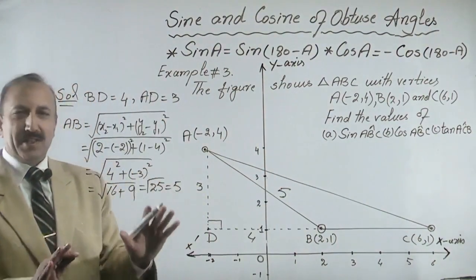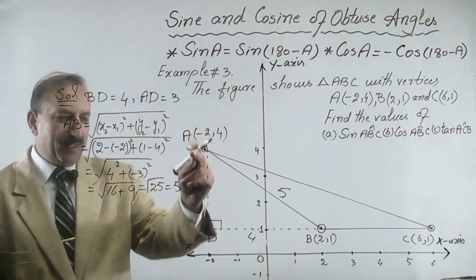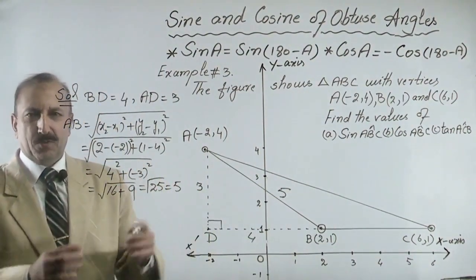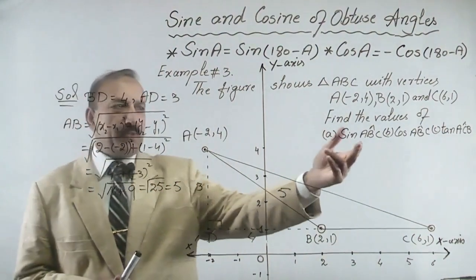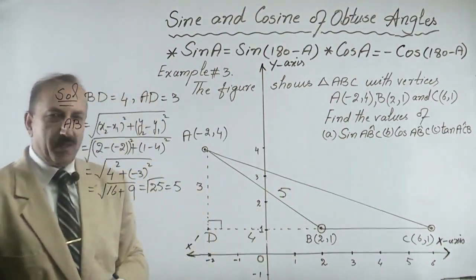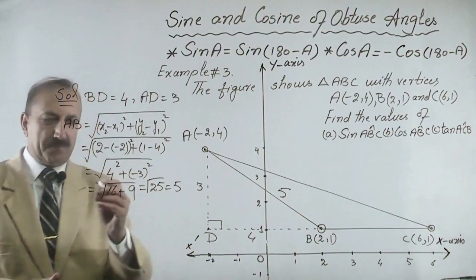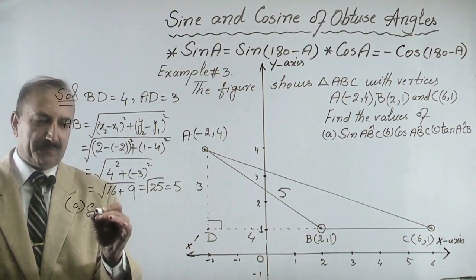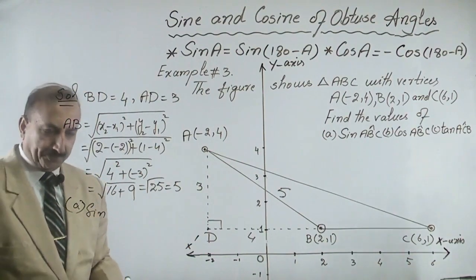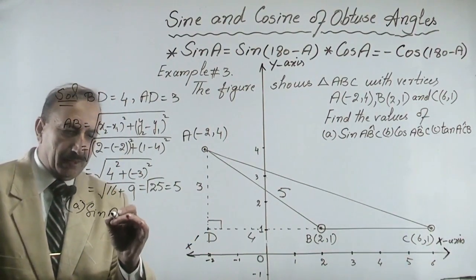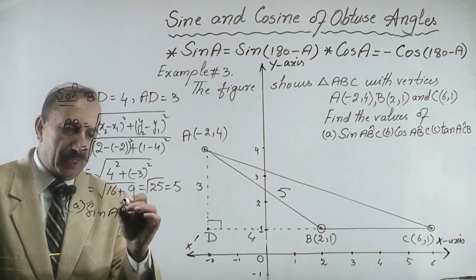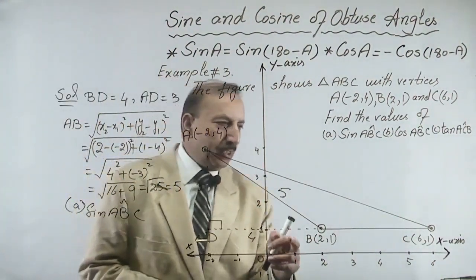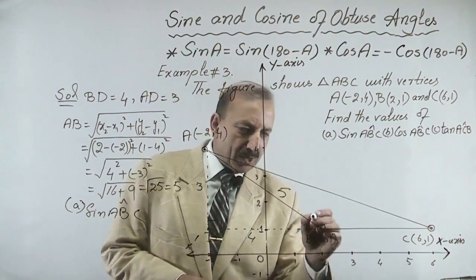Now we have all 3 sides in the right angle triangle ADB. All these values will help us to find all 3 parts. So the first one is part A, my dear students, sine of angle ABC. Let's check from the figure where this angle is. Angle ABC is the angle whose sine we are supposed to find.